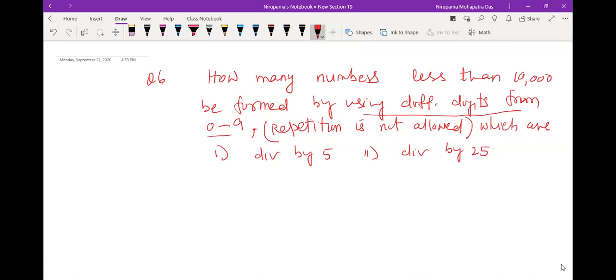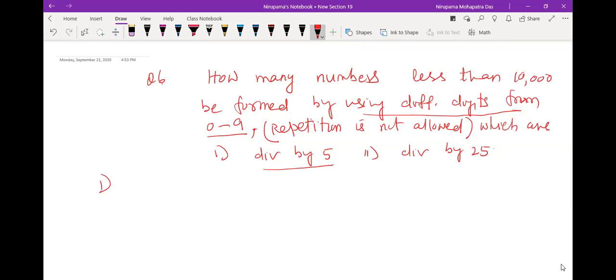Here we are not given by using different digits from 0 to 9. Now let's see, divisible by 5 means it may be a 1 digit number, it may be 2 digit numbers, 3 digit numbers like this. So up to how much, this will be a huge task, right? So let's see. First part is 1 digit number.